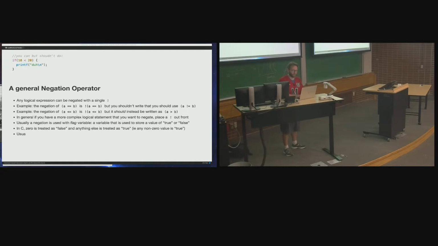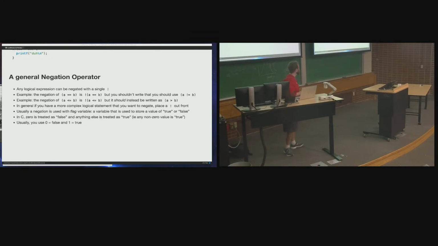Usually, however, you use 0 is false and 1 is true. But 10 is true, 3.5 is true, A is true. Why? Capital A? Remember back to the ASCII text value table. It has a value of 65. 65 is non-zero, therefore 65 is true, therefore A is true. Right? There are no Boolean types in C. Right? There are some extensions that allow you to do this, but this is how you do it.